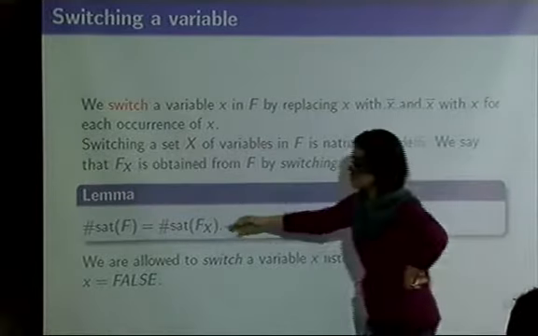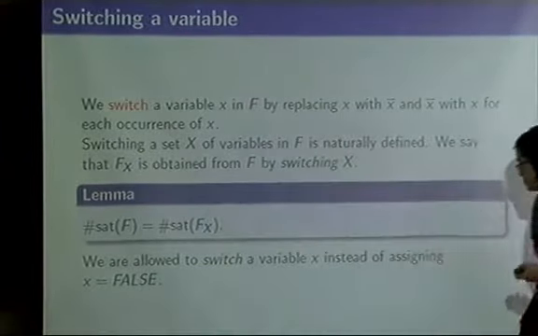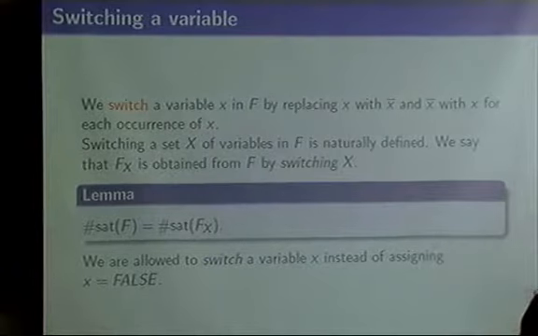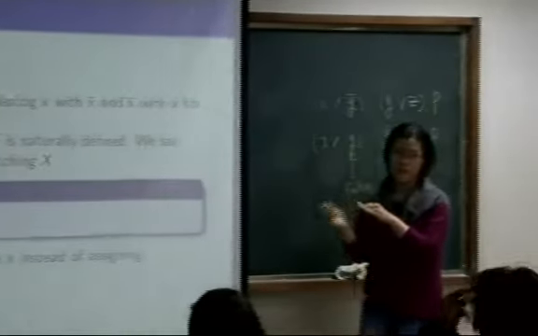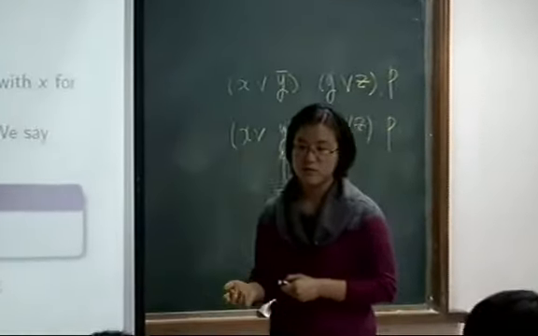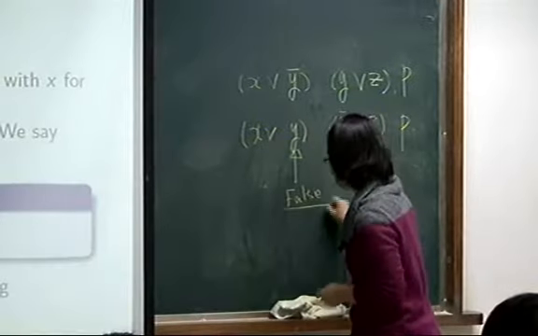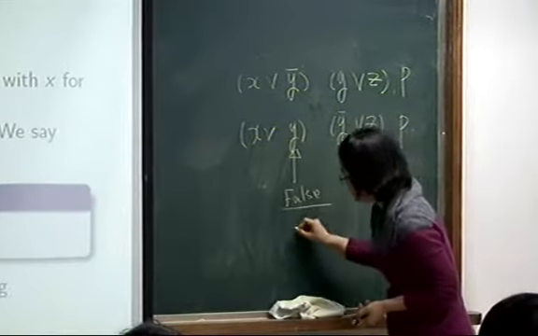And so this lemma follows. So instead of trying to assign false value to some variables, we just set true values and try to just switch some variables if necessary. So assigning false value is replaced by switching.